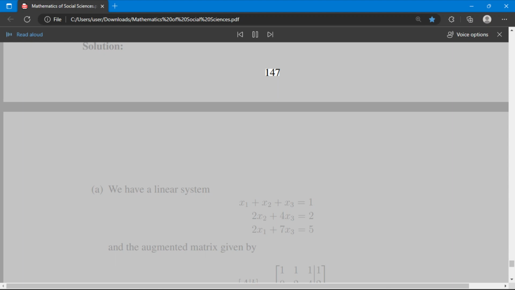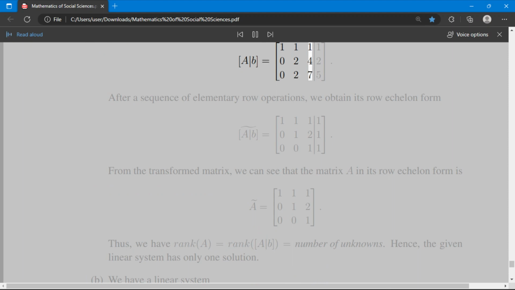Solution. A. We have a linear system x1 plus x2 plus x3 equals 1, 2x2 plus 4x3 equals 2, 2x1 plus 7x3 equals 5, and the augmented matrix is given by AB equals [1, 1, 1 | 1; 0, 2, 4 | 2; 2, 0, 7 | 5].